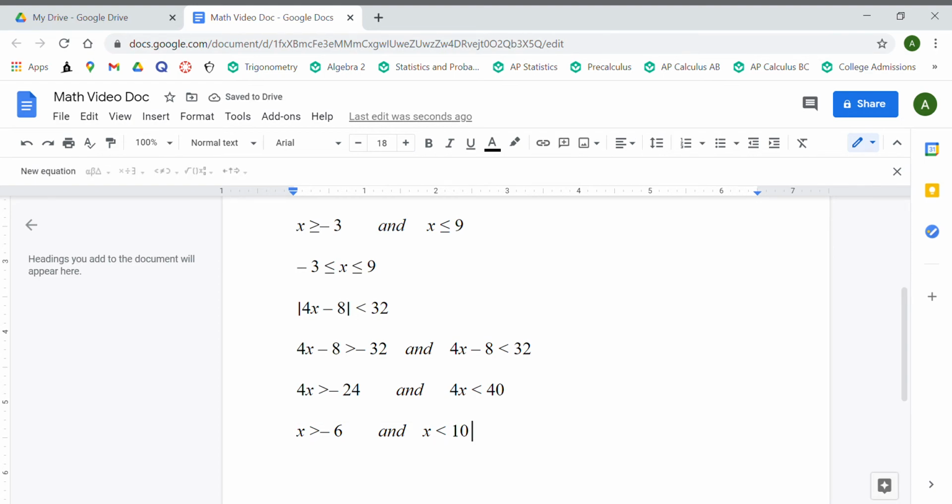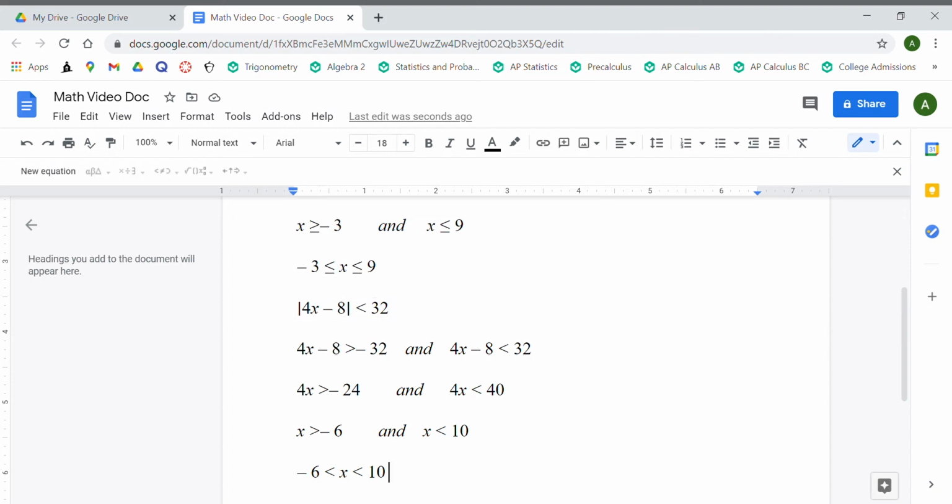And remember, we've got to combine the inequalities together because this is the informal form. So we put the smallest value on the left side: negative 6 is less than x, less than 10. And there you have it. That's our solution to this inequality right here.